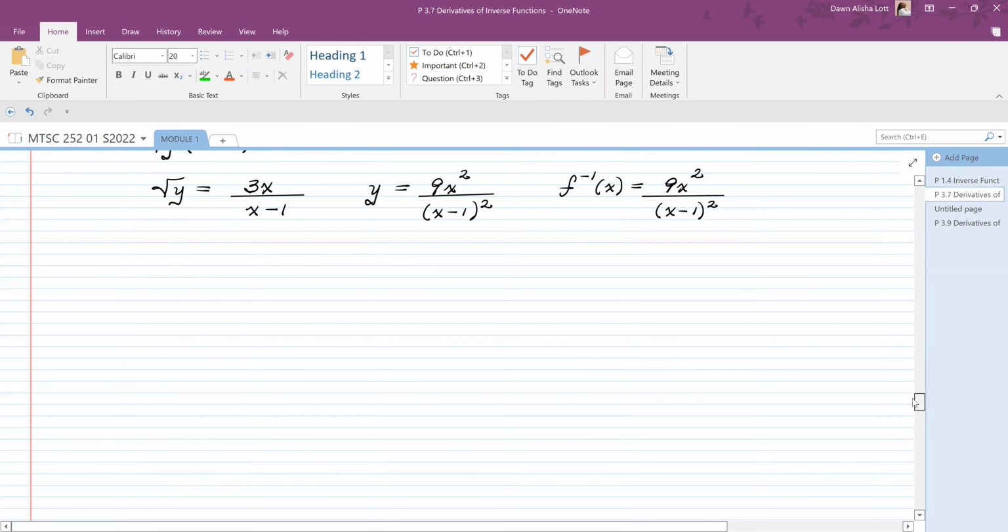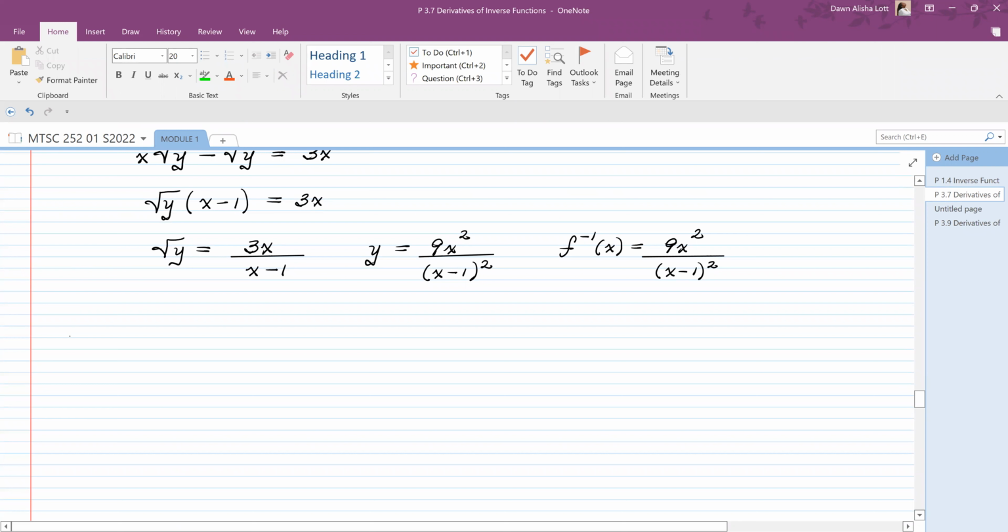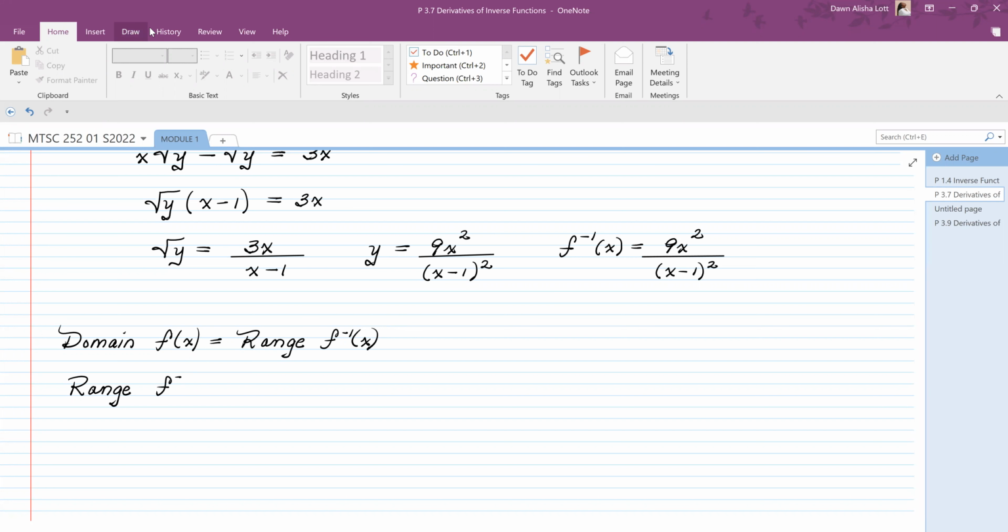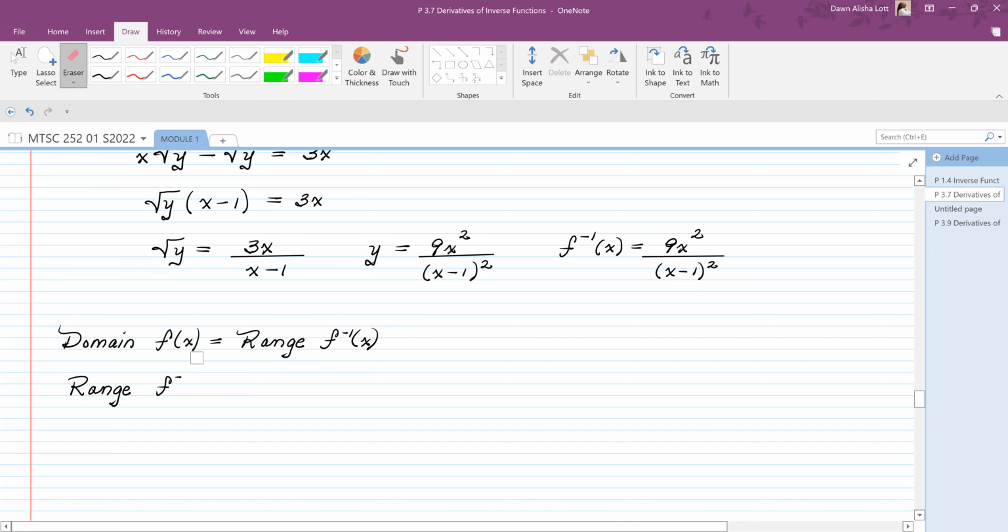Okay, so now remember that the domain of f is the range of f inverse, and the range of f is equal to the domain of f inverse.